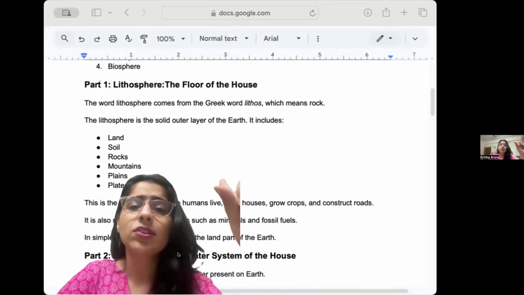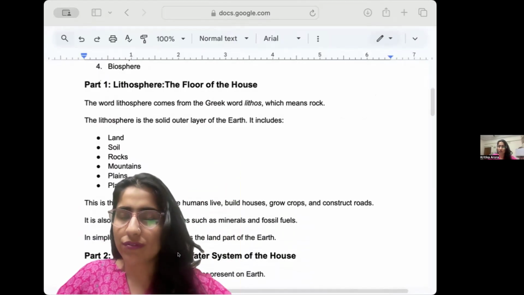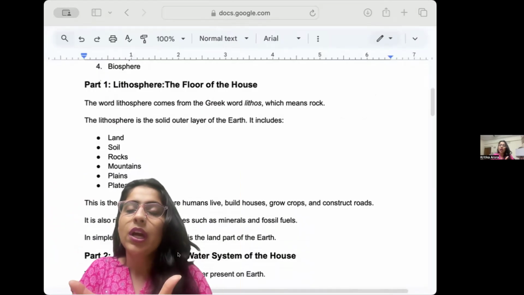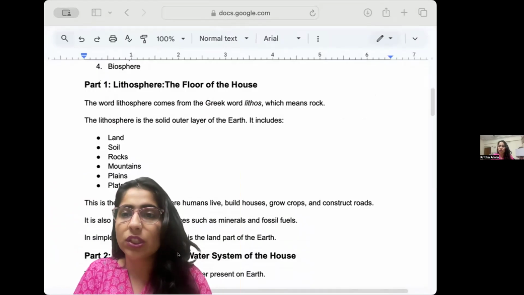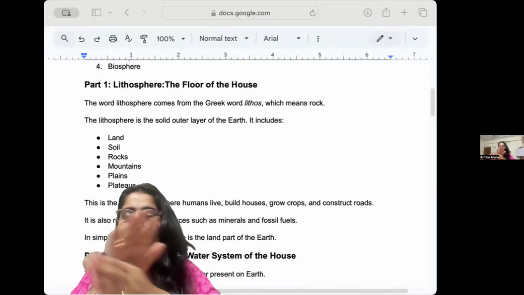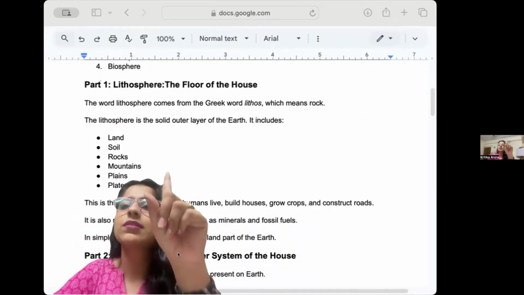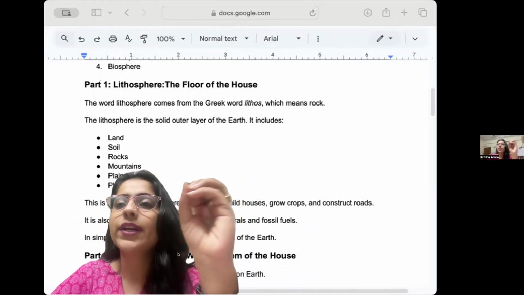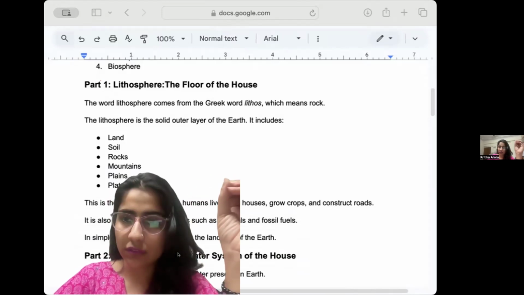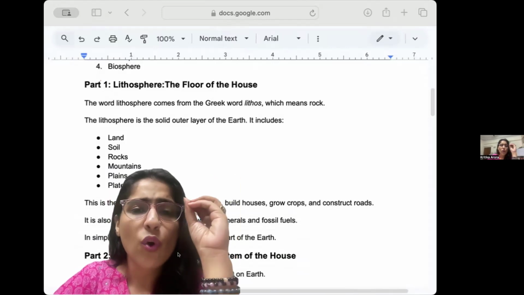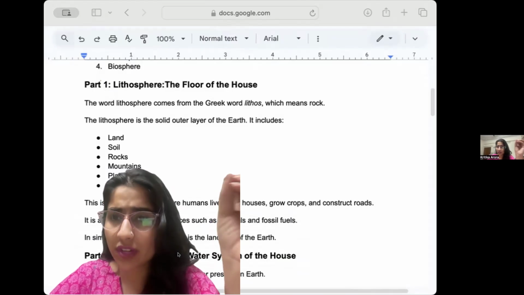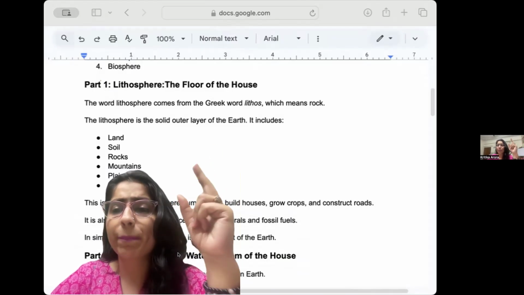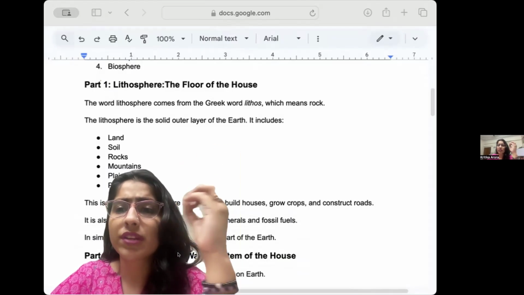Lithosphere can be considered as the floor of that big house, where you have to consider Earth to be a big house, and the floor of that house is lithosphere. This floor is the solid land part of the Earth, and it has all the features that we study: the mountains, the plains, the plateaus, the hills.